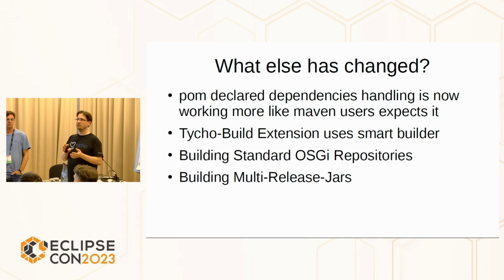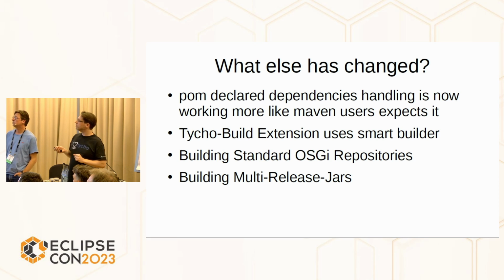It was a bit confusing because sometimes Maven items are overwritten by things from the target platform and so on. This is now much easier and more intuitive, because if you define something in the POM, then first the target platform is asked, and if nothing is found there, then it automatically looks in the POM for what you have defined there.